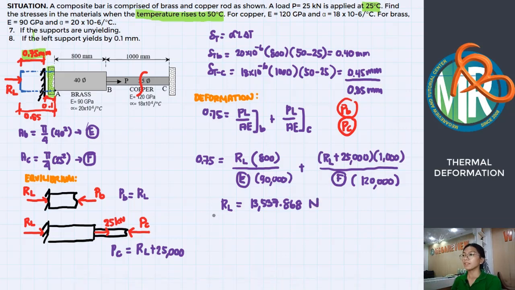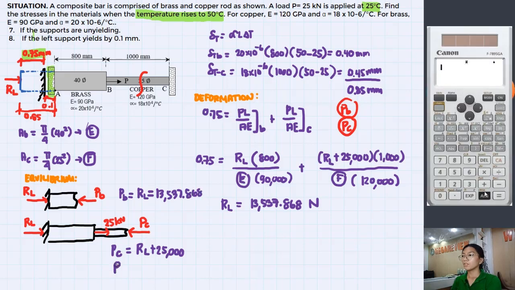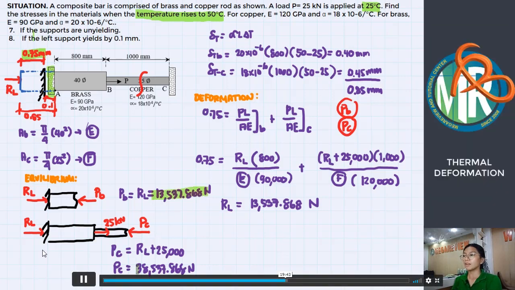From here you can get the force of the brass rod and the force of the copper rod. The brass rod is just equal to RL, so this is also 13,537.868. Then the force of the copper rod, we add 25,000, which is 38,537.868 Newton. So these are your forces in the brass and copper rods.